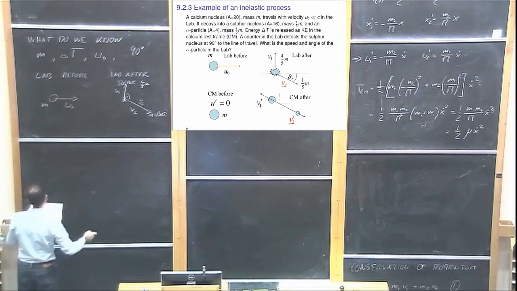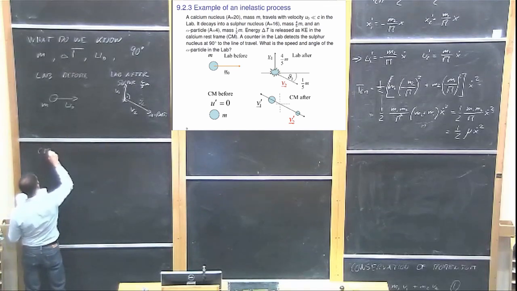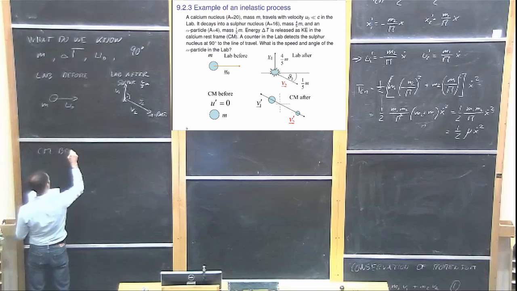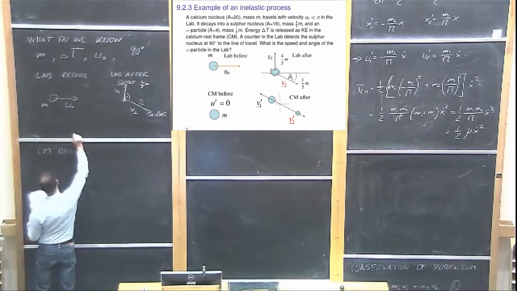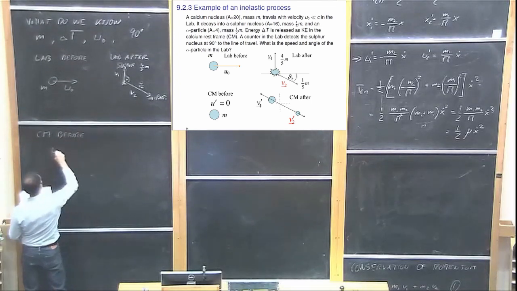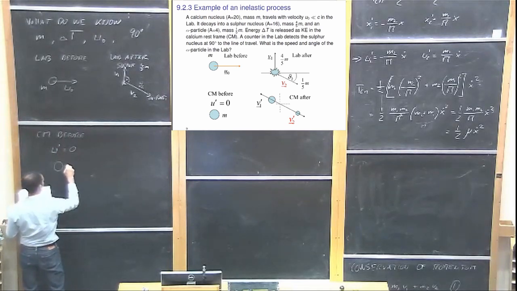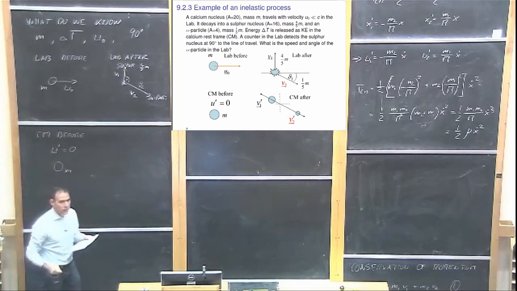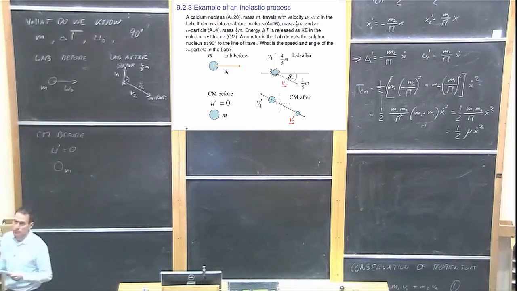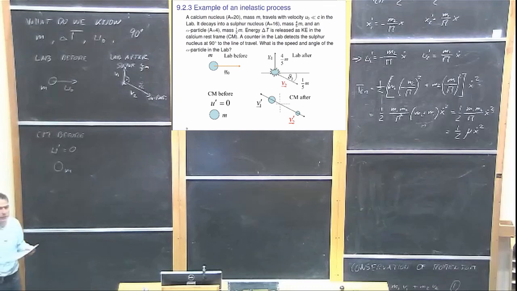Now if we go in the center of mass frame before, u prime equals naught because there's just one body in the center of mass frame. Overall momentum is naught.